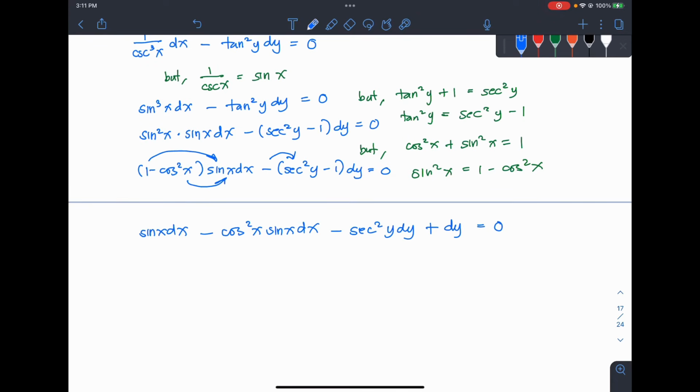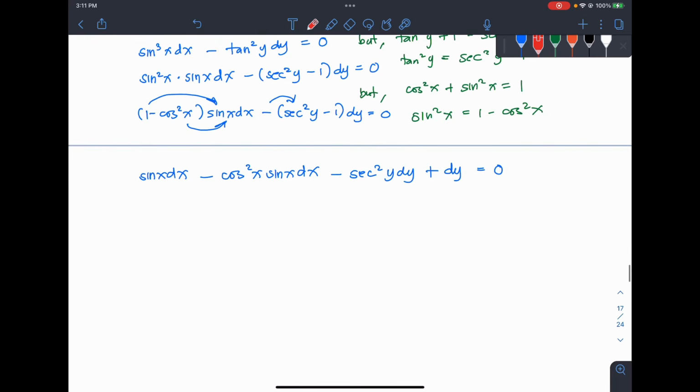So can we integrate all of these? We can. Remember the integral of sine x dx, that is negative cosine x plus c. For secant squared, we have the secant squared y dy.